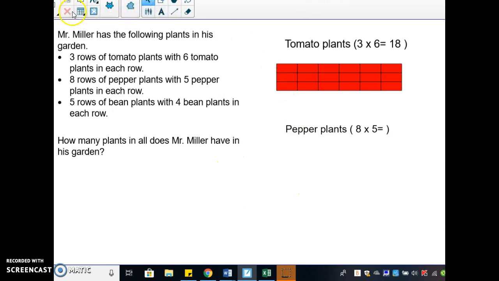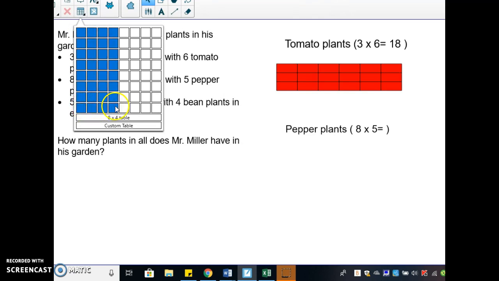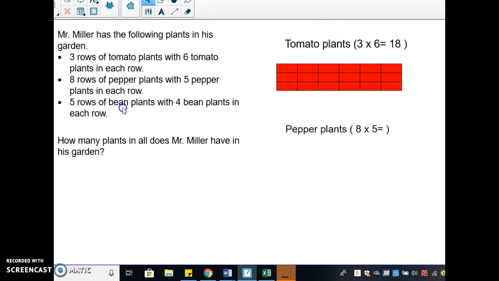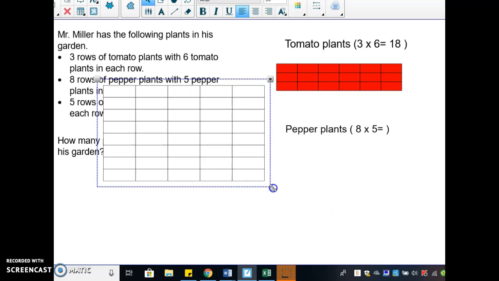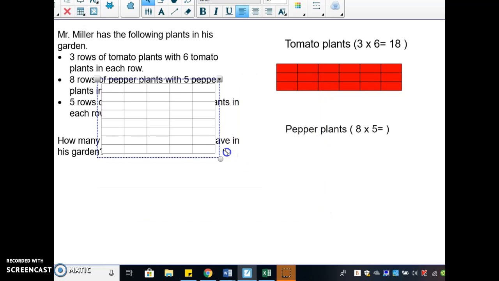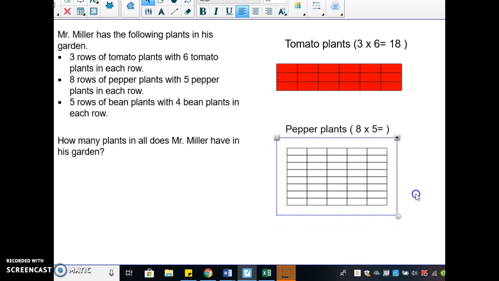Now, again, so 8 equal groups. So let's see, 8, and then 8 times 5, 8 equal groups of 5. Whoa, that's really big too. So I'm just going to make this again a little bit smaller so it's easier to work with. Move it over here.